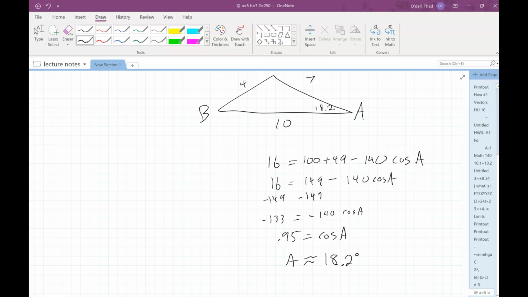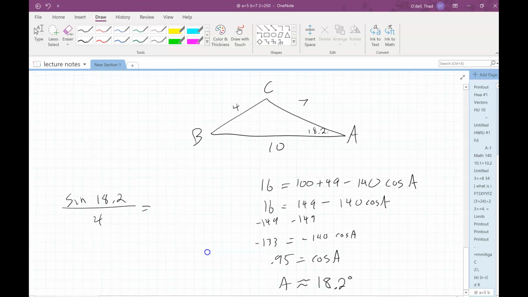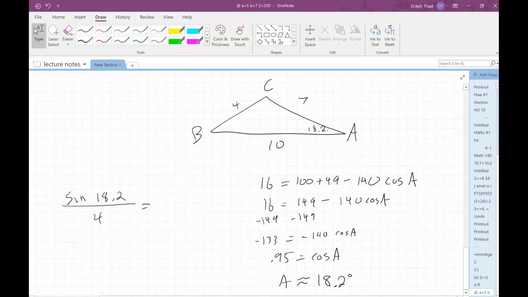Now that we have an angle, of course, we can use law of sines. Don't have to go back to cosine again. So I would say sine of 18.2 over 4 is equal to, and I'm going to find B first because C is clearly the largest angle. So I'm going to do sine of B over 7.